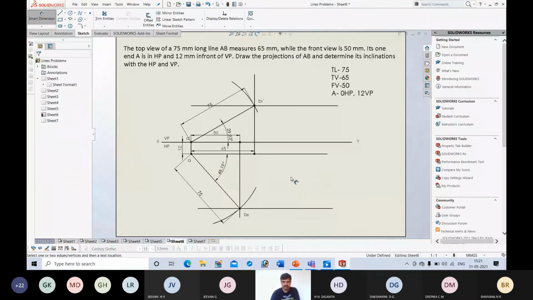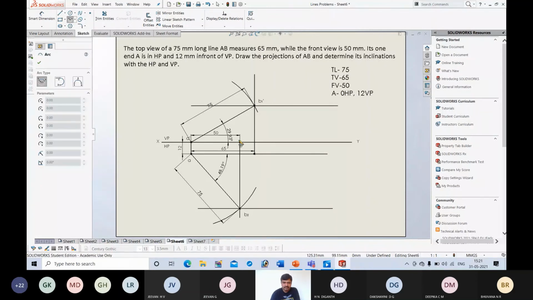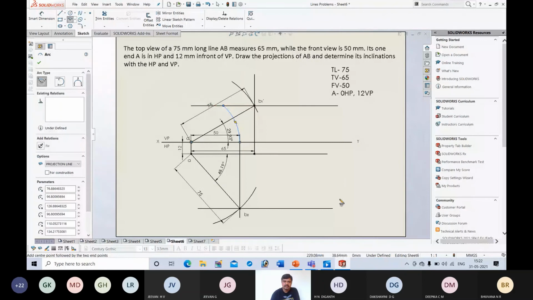Next, we should draw front and top view. Okay, so after getting this locus, easily we can draw front and top view. Okay, so already we have transferred the front view to this length. Again, take this as center, this as radius, draw an arc. Okay, this is the front view.